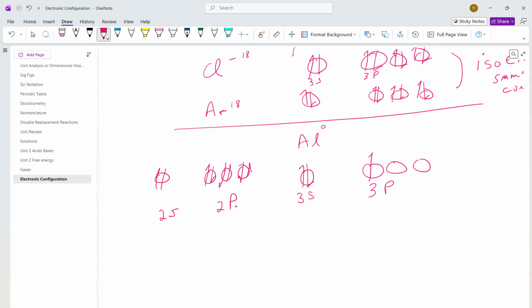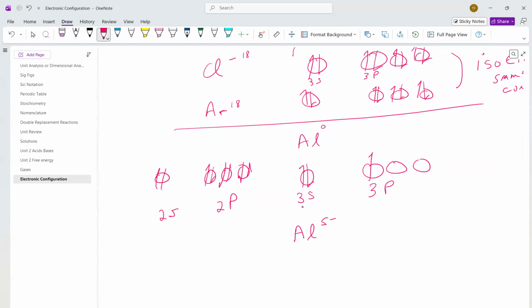So what can we do to make it better? Okay. One thing we can do is add 5 electrons. And what does that give us?